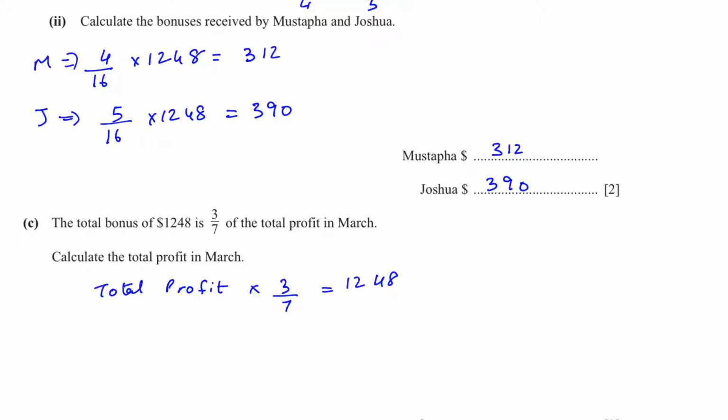Therefore, total profit will equal 1,248 multiplied by 7/3. Whenever you move a multiple like this to the other side, the 7 in the denominator will go up and become the numerator, and the numerator, which is 3, will become the denominator. And this will give you $2,912.